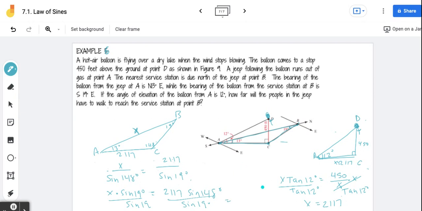All right, so I've plugged that into my calculator, 2117 times the sine of 148, divided by the sine of 19, I believe it was. Yep, 19.